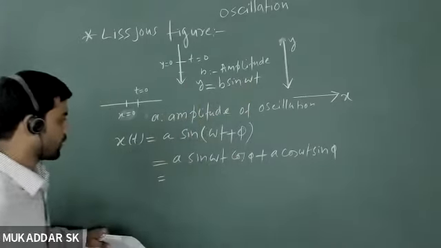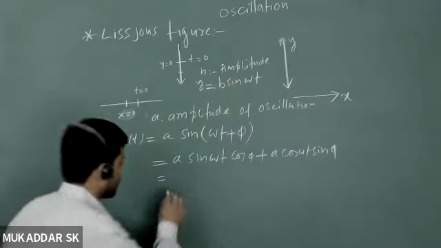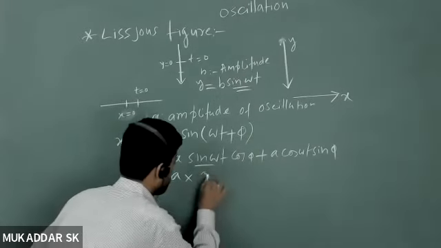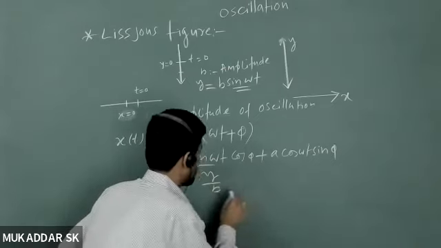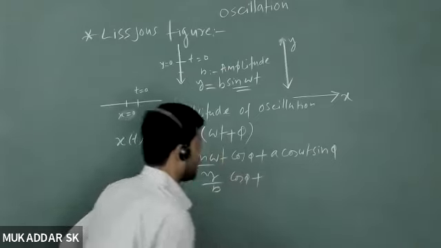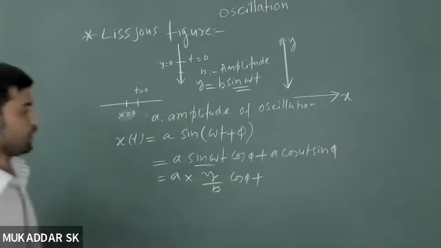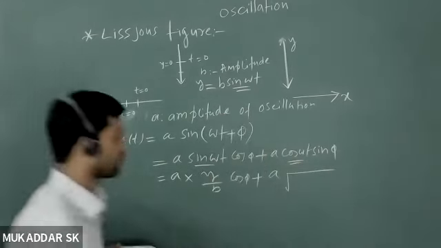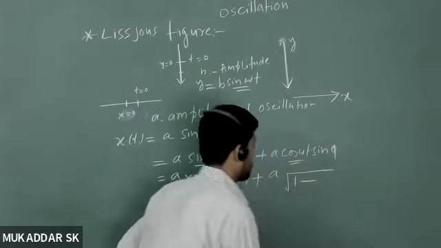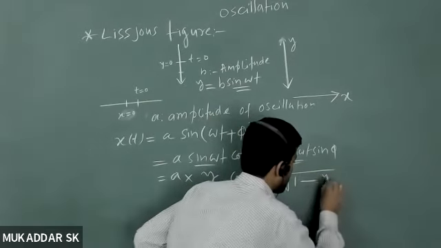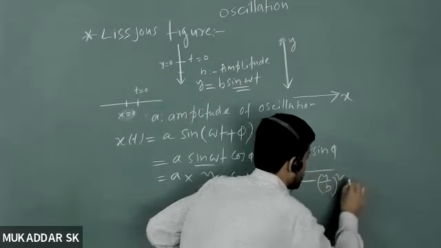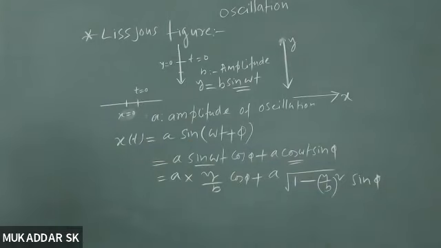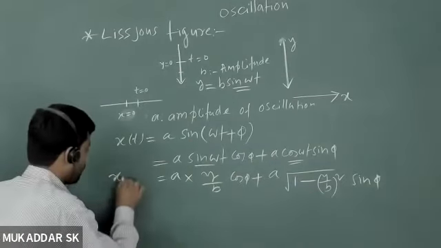So in place of sin omega t, I can write y by b, so y by b cosine phi, right? Then further, cosine omega t, I can write root over 1 minus sin square omega t. Sin omega t is y by b, so I can write 1 minus (y by b) whole square, times sin phi. Okay, so this is your x of t.